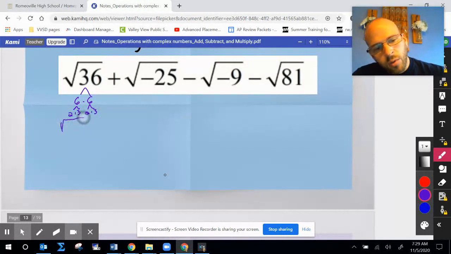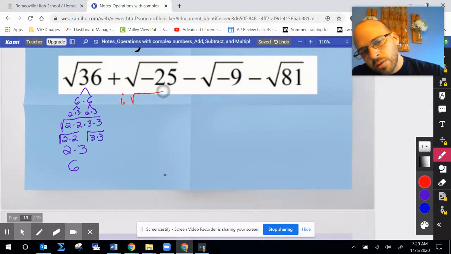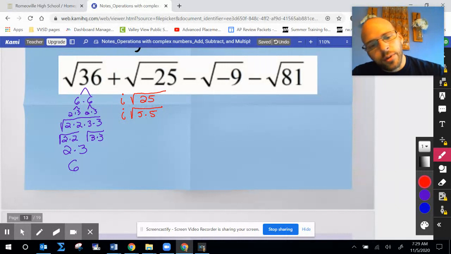So I have the square root of 2 times 2 times 3 times 3, or the square root of 2 times 2, times the square root of 3 times 3, which is 6. Then in my next one, I have an i square root 25, or an i times 5 times 5. Now, some of you already know what the square root of 25 is, and that's okay. But I'm going to get a plus 5i.